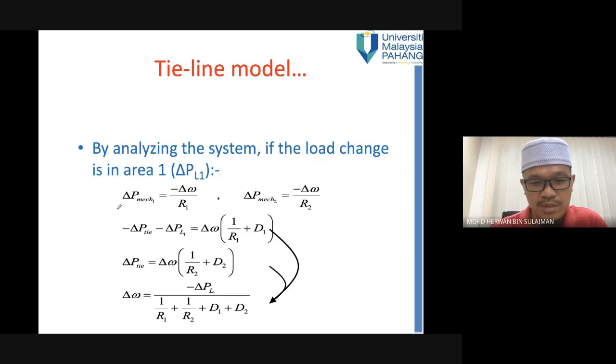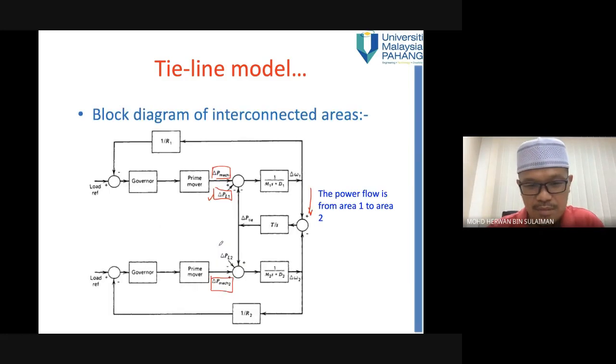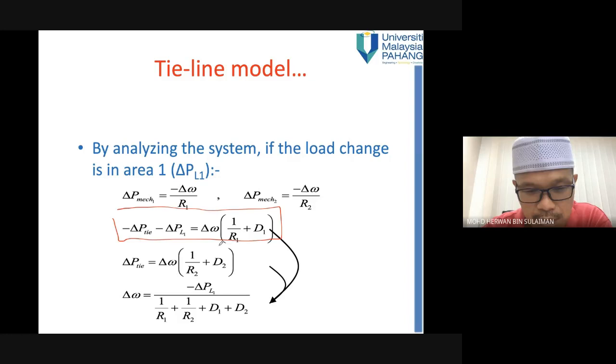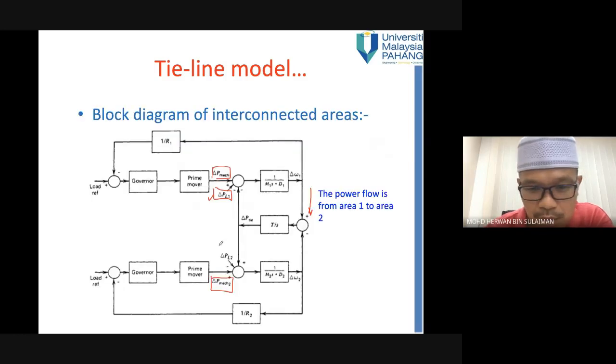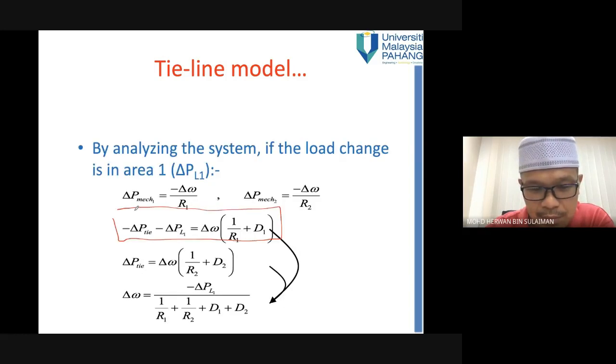So from here we can derive your delta P tie minus delta PL1, which is delta omega times (1 over R1 plus D1). This one is analyzing from area 1.